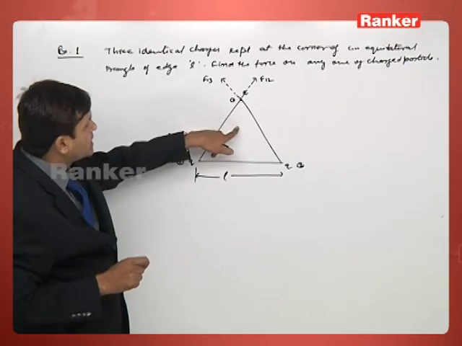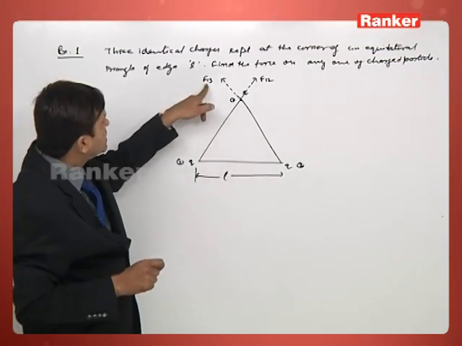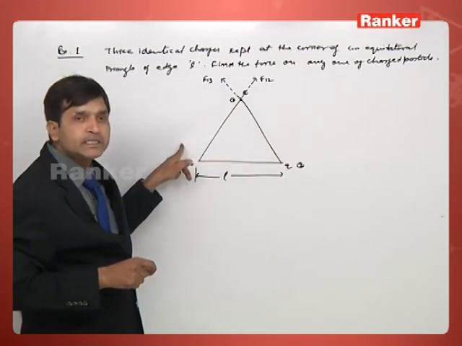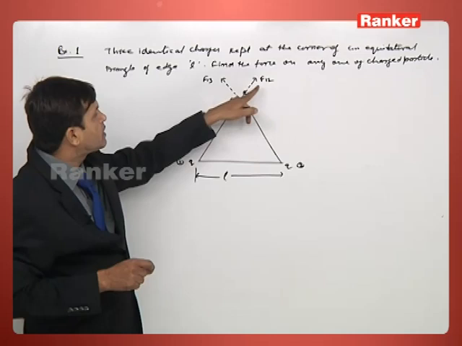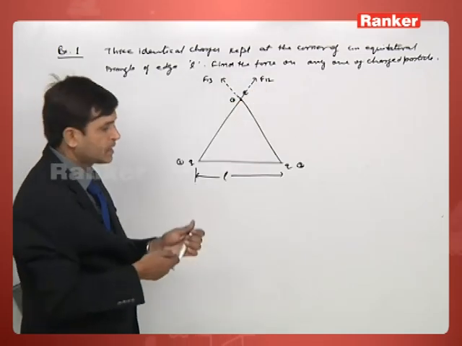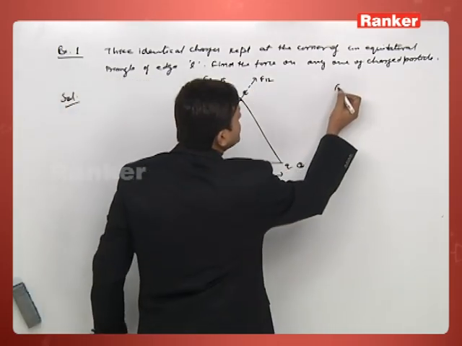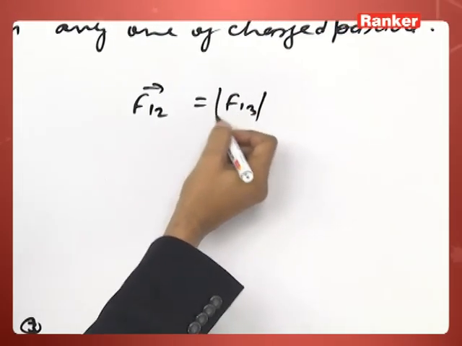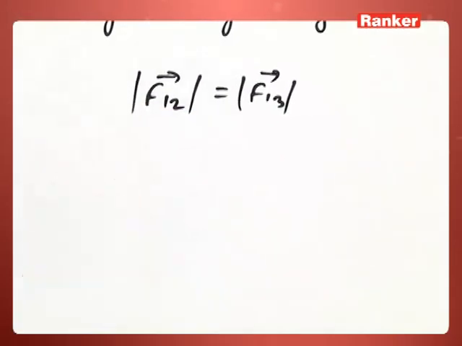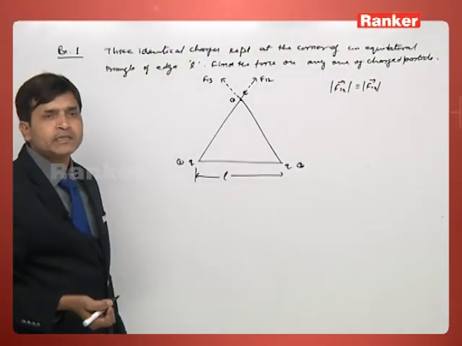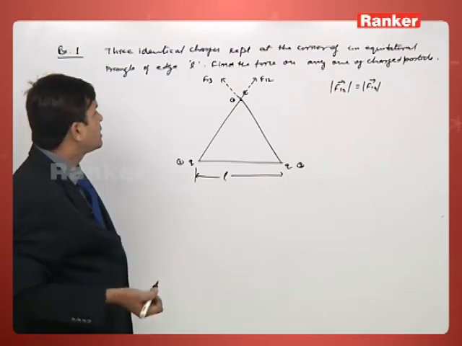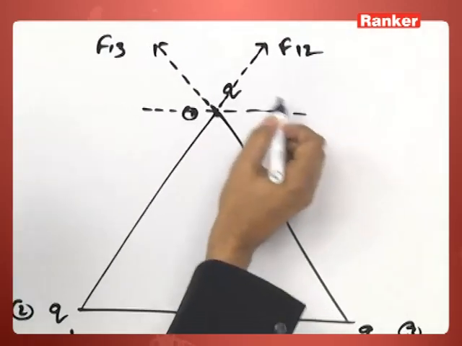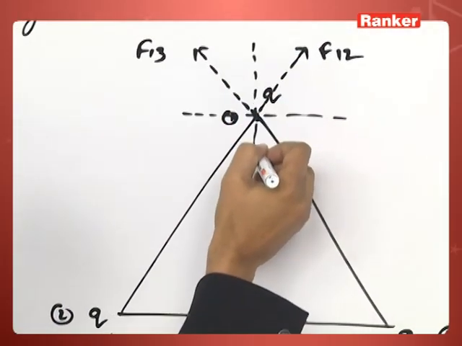Since all are identical charges placed at the same distance, the magnitudes of the two forces are the same, but their directions are different. When directions are different, we cannot directly add them, we have to resolve. We can resolve into two components, horizontal and vertical.